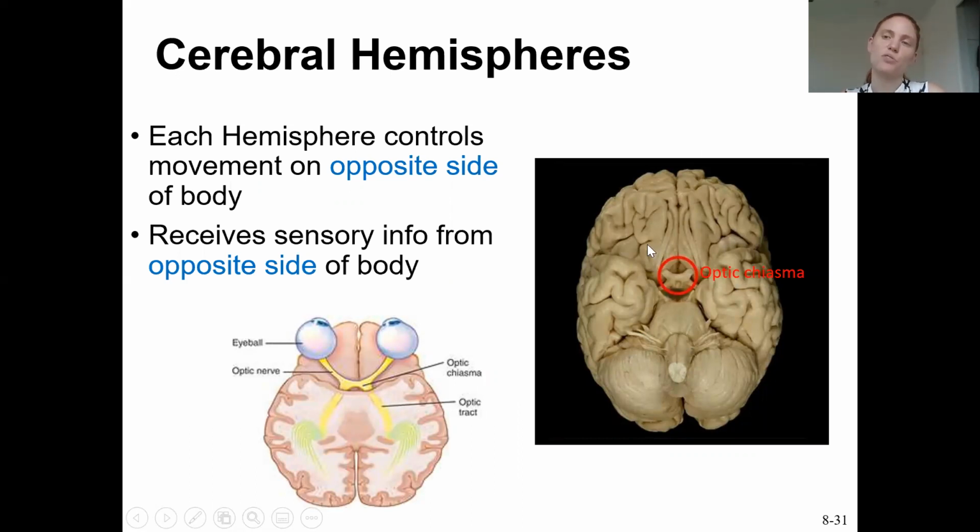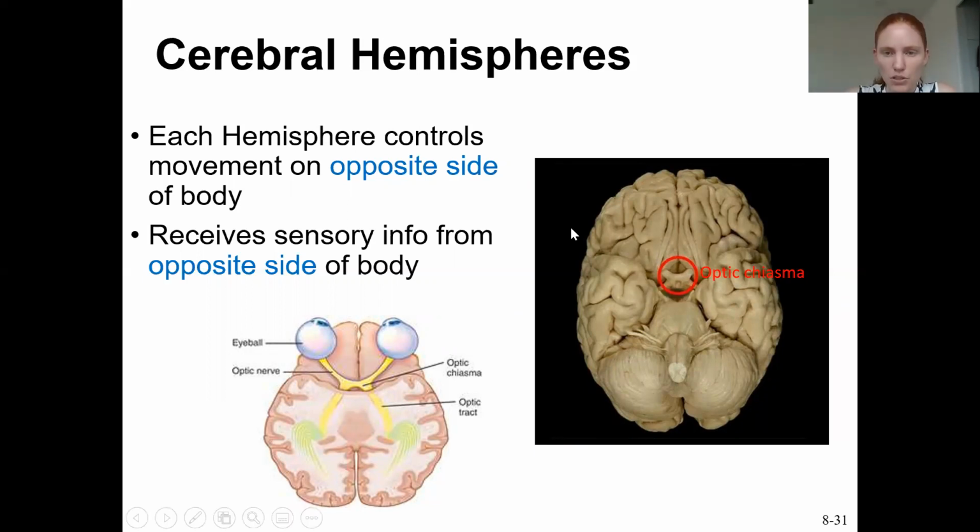They are responsible for different types of functions in the brain. If you've ever heard of left brain and right brain. One thing that I do find interesting is that each of those cerebral hemispheres is in charge of the sensory input and motor output for the opposite side of the body.